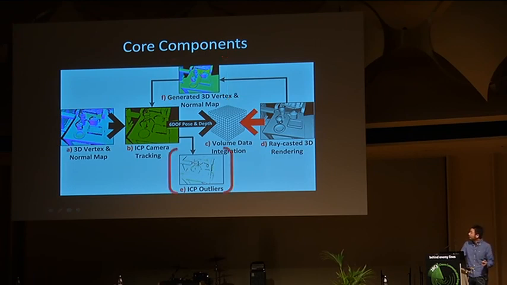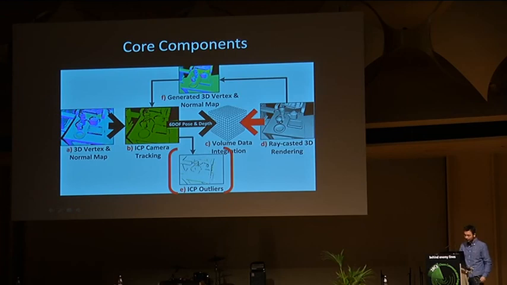And as a side product of the camera tracking, we also get outliers. Outliers are points which lie too far apart and which would otherwise degrade the tracking. But we use these points to later sense touch, human touch of surfaces and similar things. So I'll come back to these later.